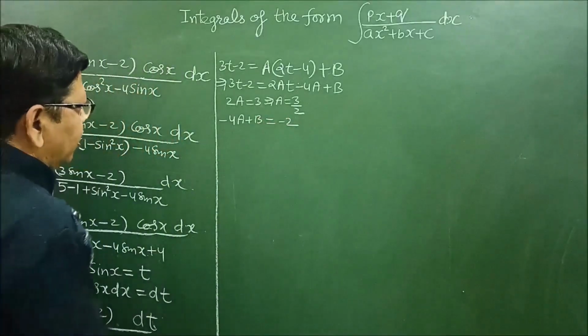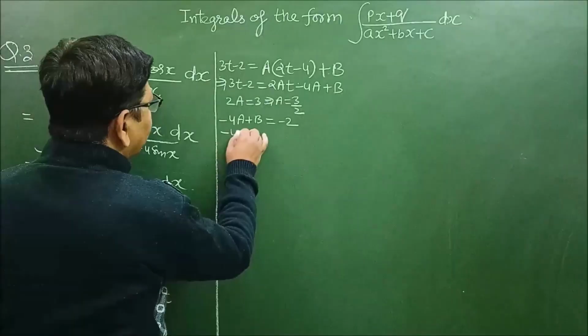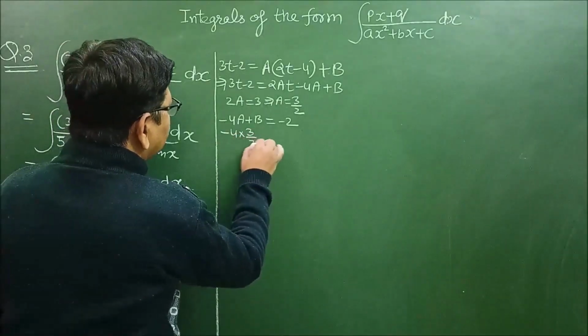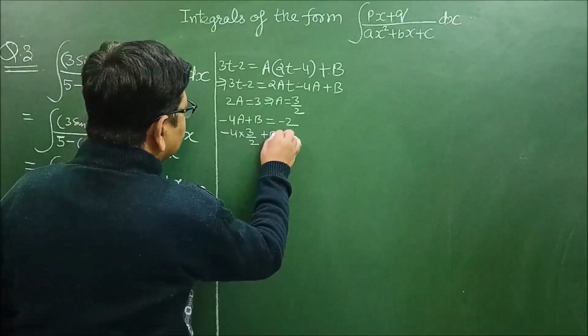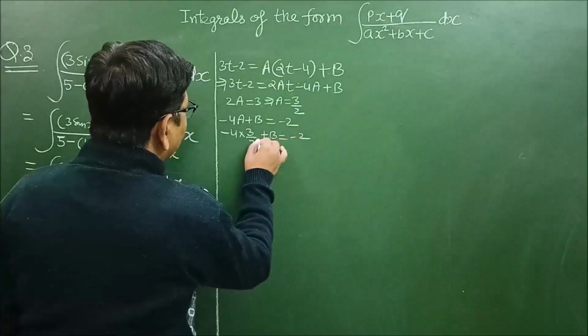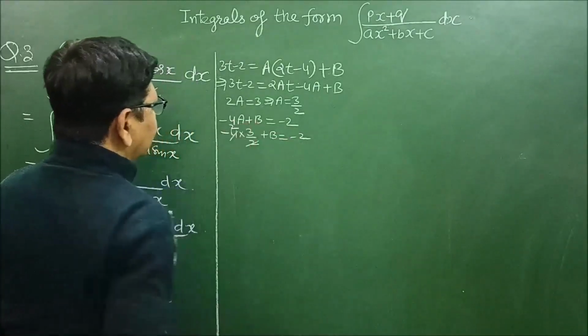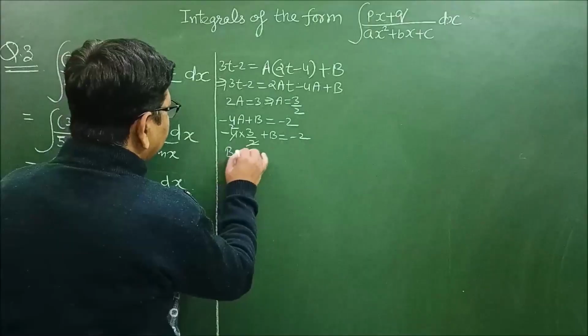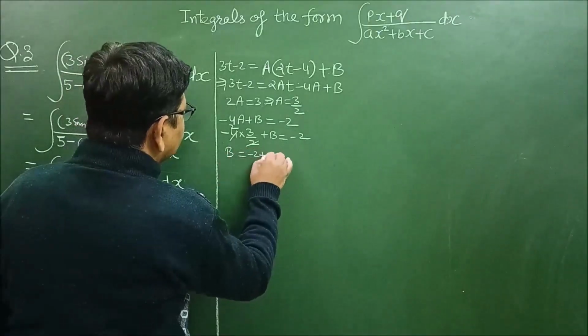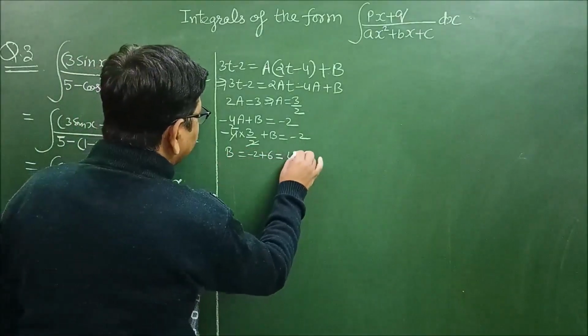Putting the value of a here, minus 4 into 3 upon 2 plus b is equal to minus 2. 2 cancelled, so b is equal to minus 2 plus 6, which is equal to 4.